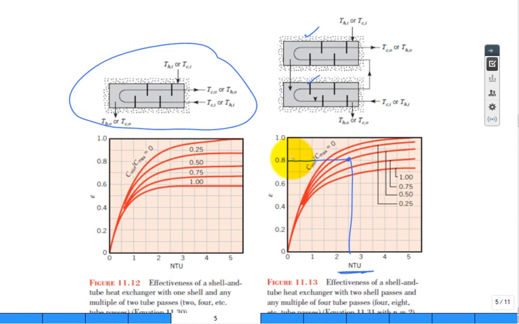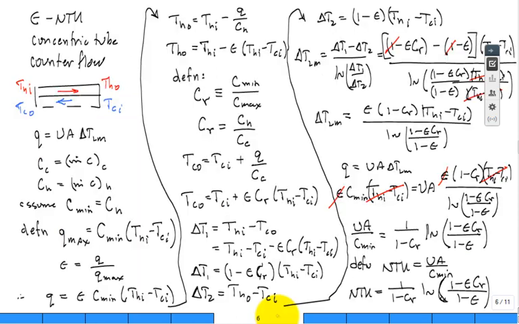Or if you know what you need to accomplish and you need to figure out what size it is, you come over and then read down to get the number of transfer units, and you're sizing it. So either you're going this way, rating the heat exchanger, or you're going this way and sizing the heat exchanger.